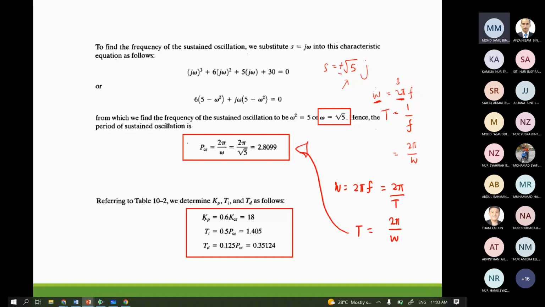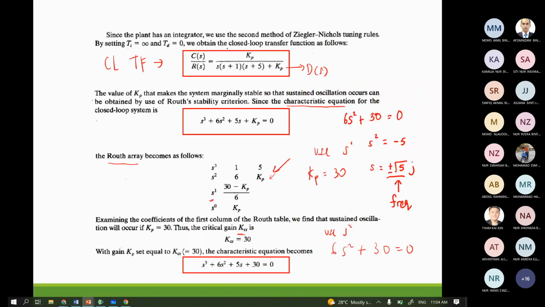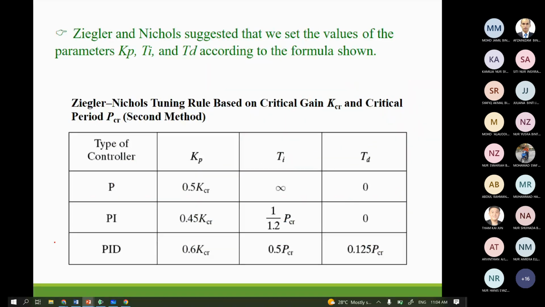So after you find PCR, the period of oscillation, then you can use the table that I showed earlier, this table, and substitute the value of KCR and PCR to obtain KP, TI, and TD.